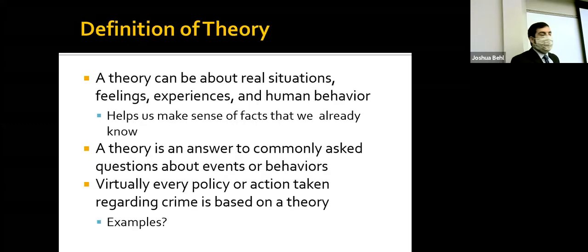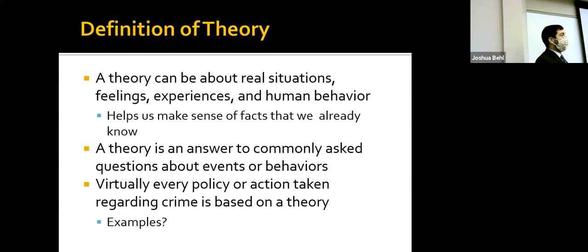So a theory can be any kind of proposition about real situations, feelings, experiences, or human behavior, and it helps us make sense of facts we already know. Another theory that we've talked about is this idea that maybe people in lower socioeconomic statuses commit more crime than people in higher socioeconomic statuses.